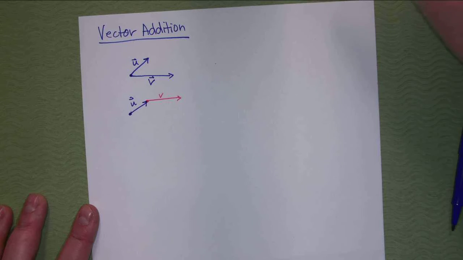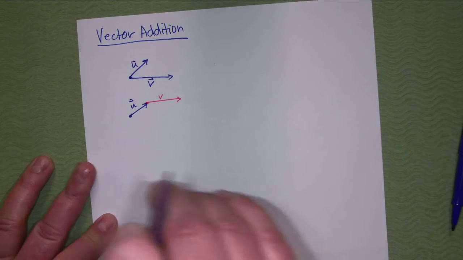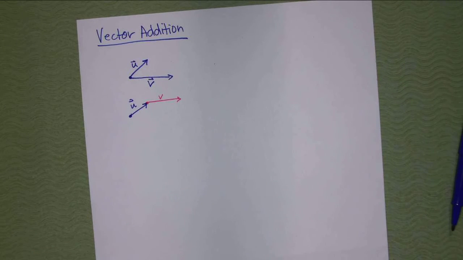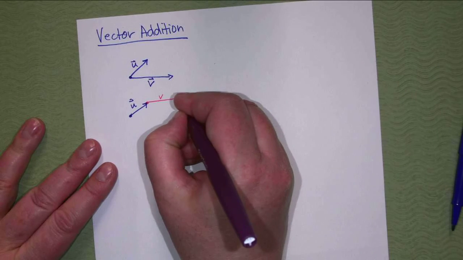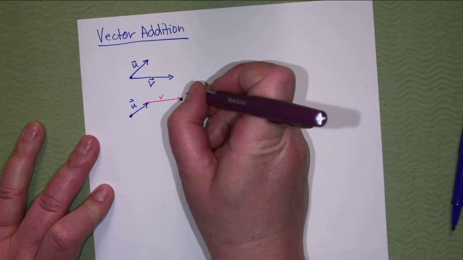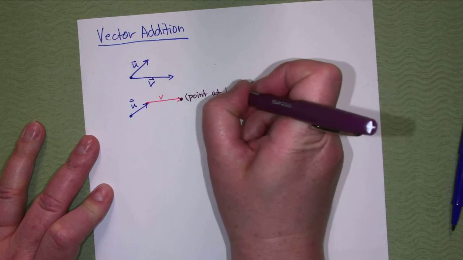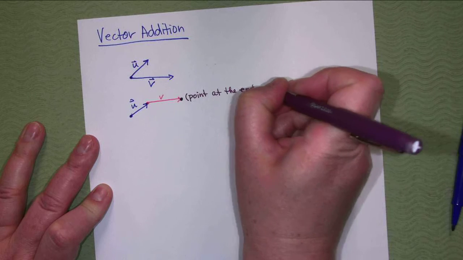It's just like I picked up a toothpick and moved it to another spot. When you add two vectors, you could have moved u to the end of v, it wouldn't matter. That would end in the same spot. This right here is the point at the end of u plus v.